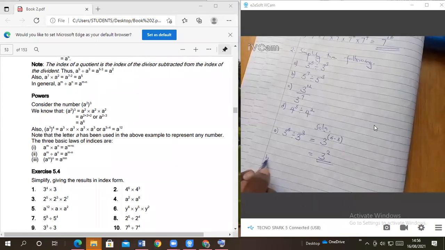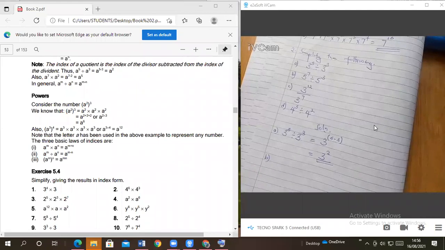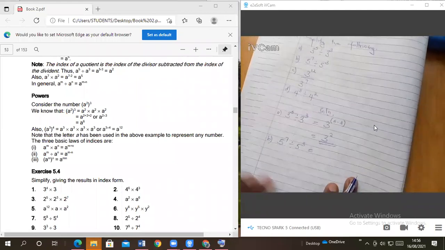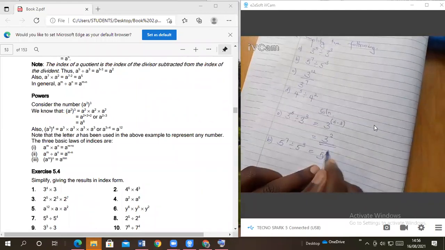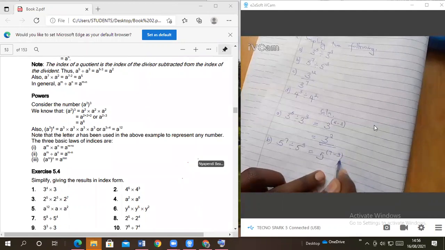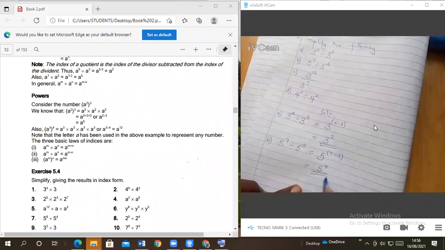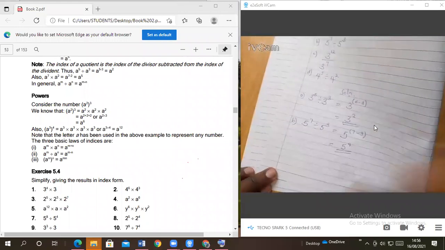What about B? 5 to the power 7 divided by 5 to the power 3. What do you get? It will give us 5 to the power 7 minus 3, so 5 to the power 4.